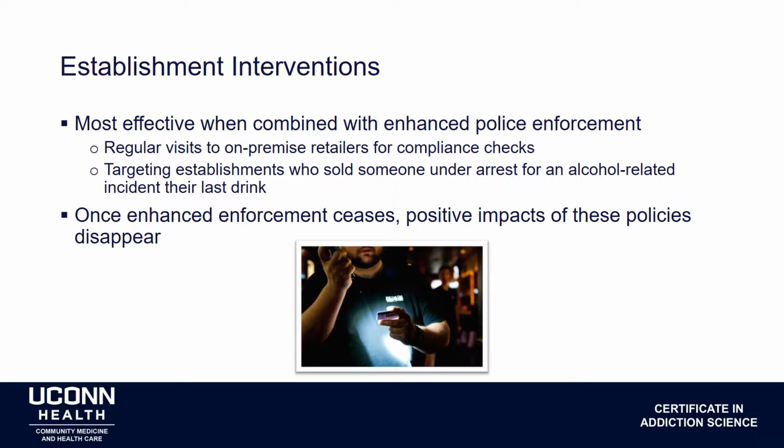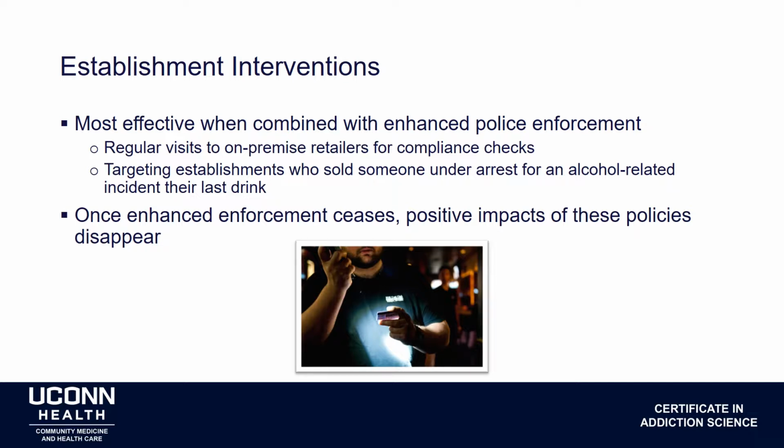These establishment level interventions are most effective when there's sufficient police enforcement involved. So when there are regular compliance checks, so someone else is looking over their shoulder, similar to restaurant inspections. So not just focusing on the health and safety aspect of the food, but actually determining whether they are complying and doing these checks for age.